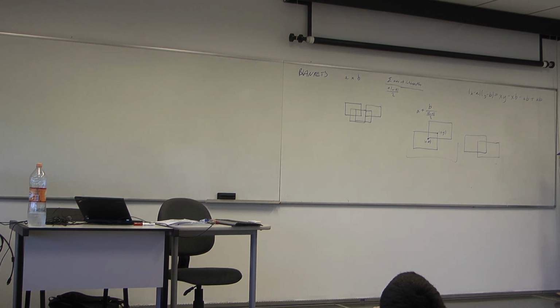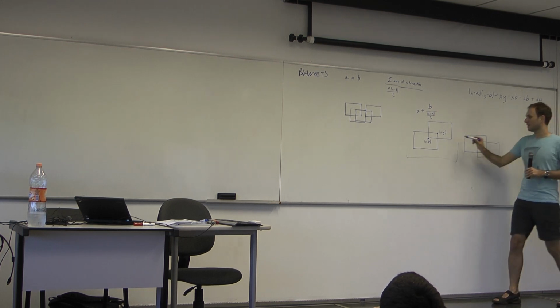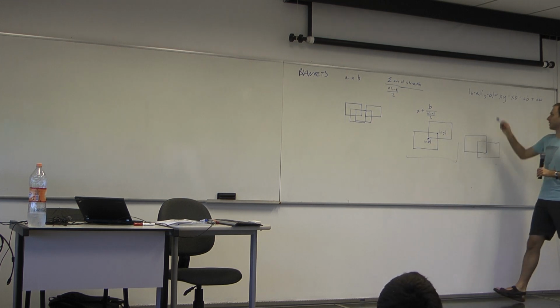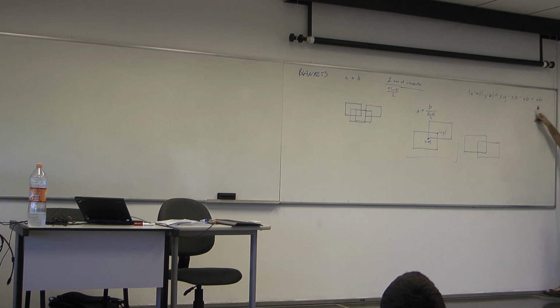So for every two rectangles that intersect, we'd like to compute this. On a step, we'll compute this thing, and actually we'll compute every term here separately.